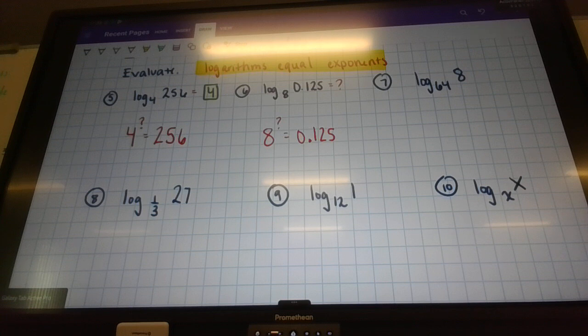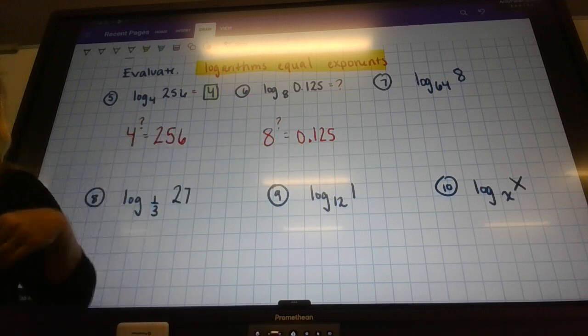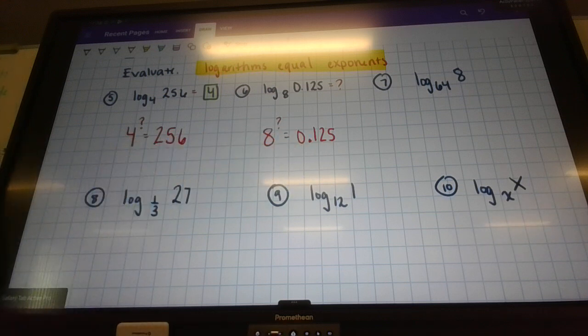So 8 to what power would give you this decimal? Try something in your calculator. Try a negative number. 8 to the -1 I know is 1/8. So maybe this is equivalent to 1/8. -1.